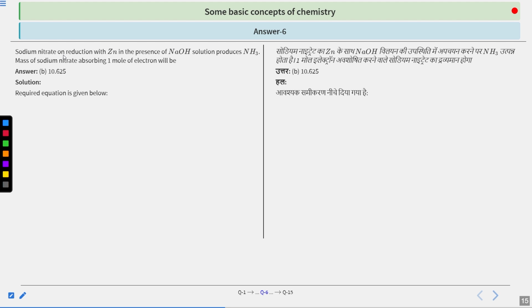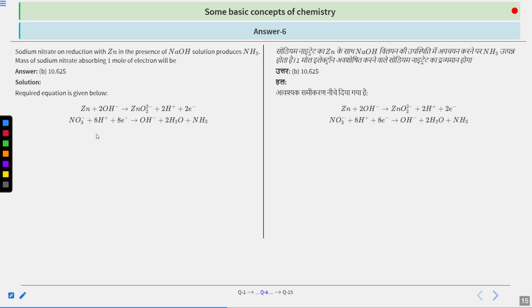For that, we have to write the balanced chemical equation. If we do this in basic solution, because we are taking NaOH, then the balanced chemical equation will be formed in this way. This is Zn going to Zn(OH)4 2-, that is oxidation of the zinc, and NO3- is getting reduced to give NH3.